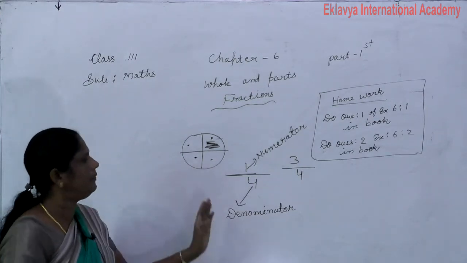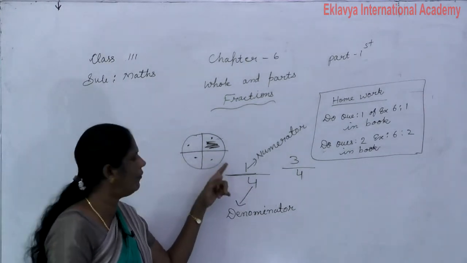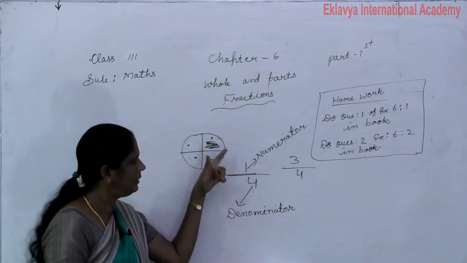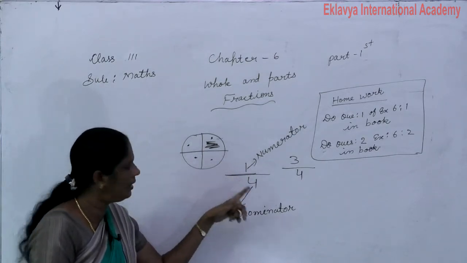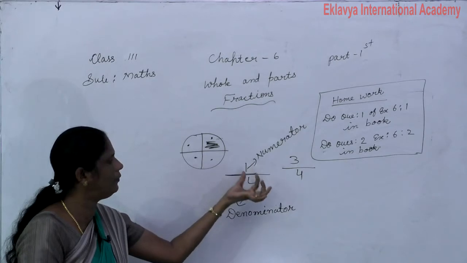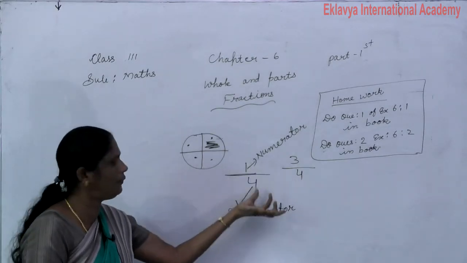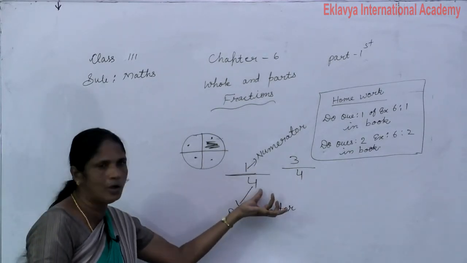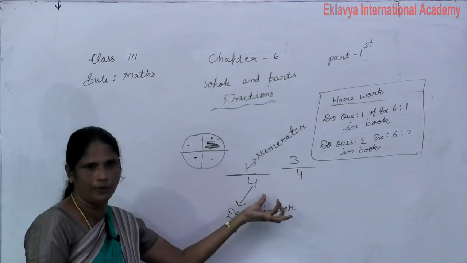Now you say, which is the numerator here? 1 is the numerator, then 4 is the denominator. How to read this? 1/4.